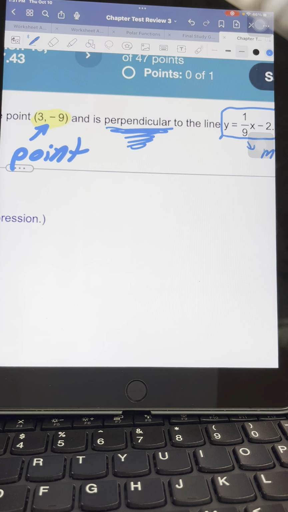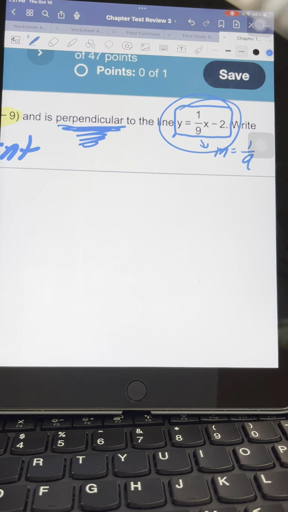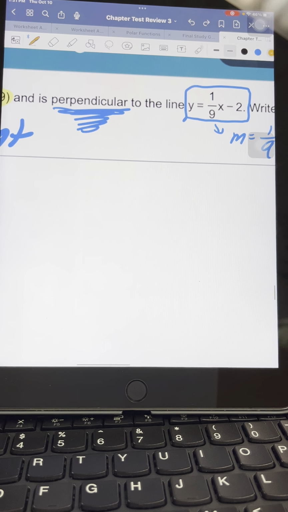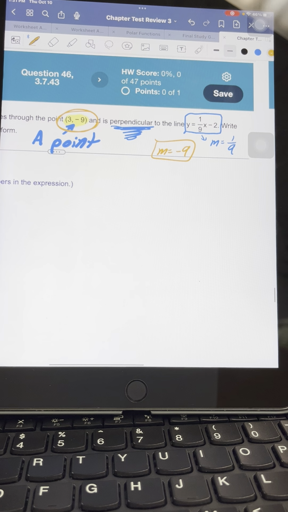So is my slope for this line that I want to find 1 over 9? No, it has to be perpendicular. So the slope for this line would have to be what? What is the opposite reciprocal of 1 over 9? It's negative 9.